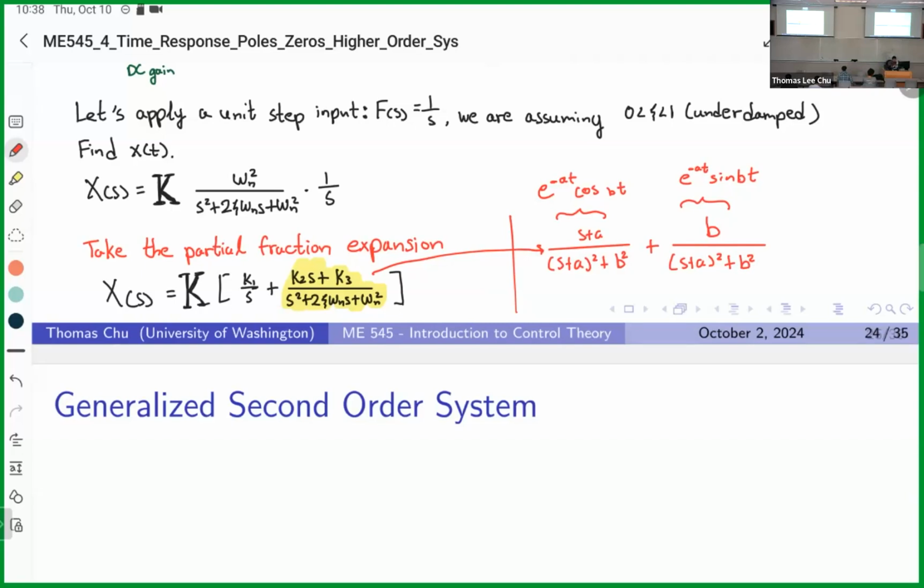All right, the first step we have to do is solve for K1, K2, and K3.